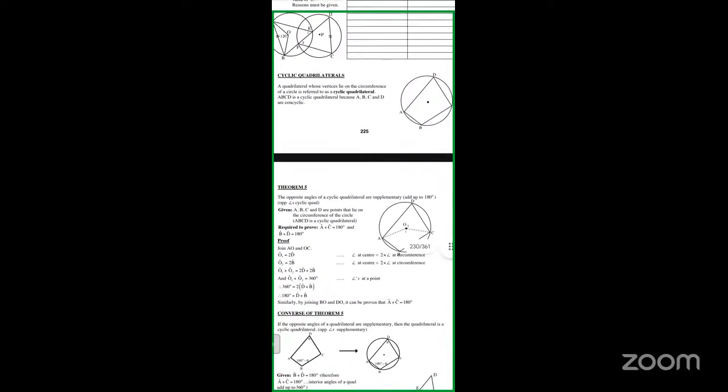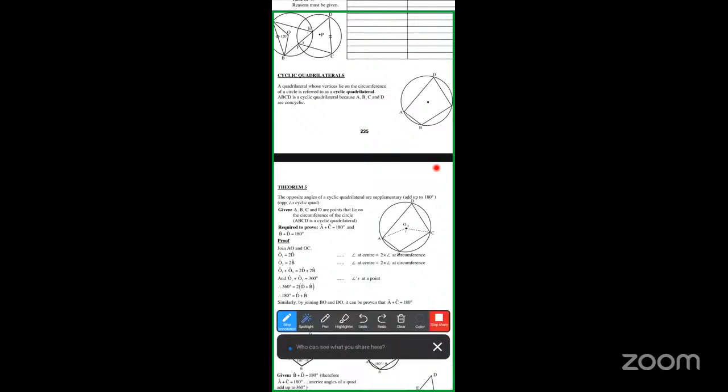Therefore, you need to know all the properties of the cyclic quad because we are going to use that a lot. So the first property of the cyclic quad that you need to know is that opposite angles of a cyclic quad are supplementary. What do we mean by supplementary? When you sum them up, they give you 180 degrees.